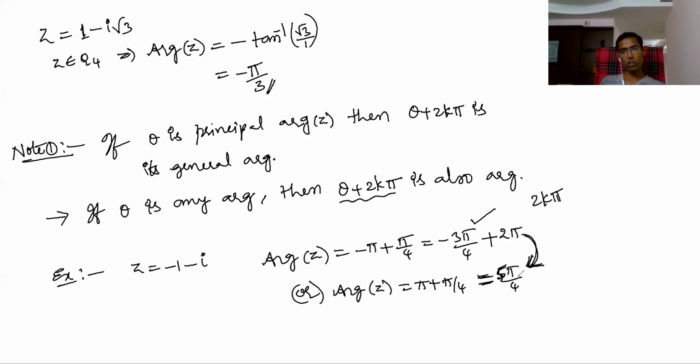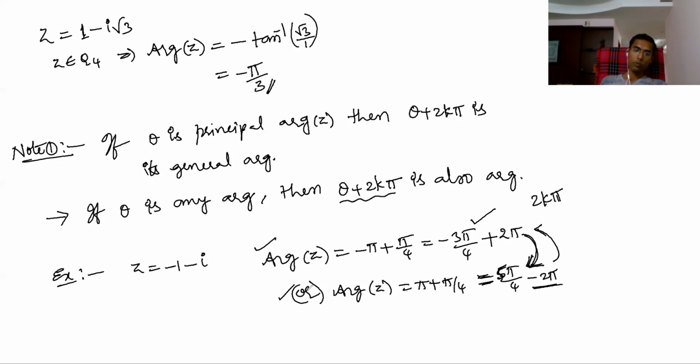For this also, if I add minus 2 pi, I am going to get this one. 2k pi means multiples of 2 pi, that is 0 into 2 pi, or 1 into 2 pi, or 2 into 2 pi, or minus 1 into 2 pi, minus 2 into 2 pi also you can do. So therefore, that is the principal argument and general argument. You will get the same.